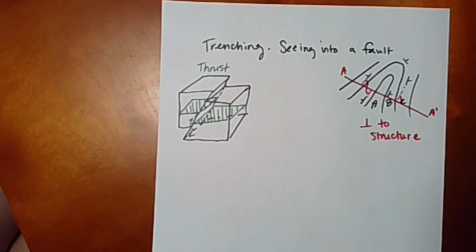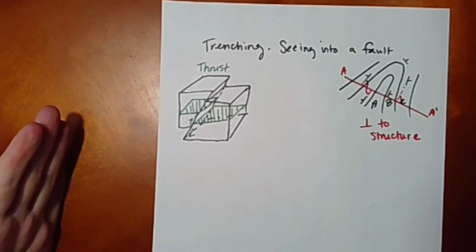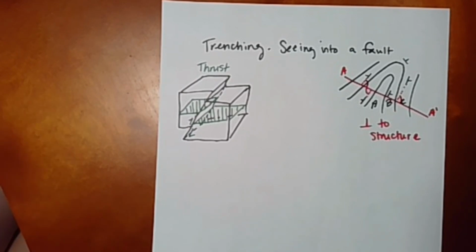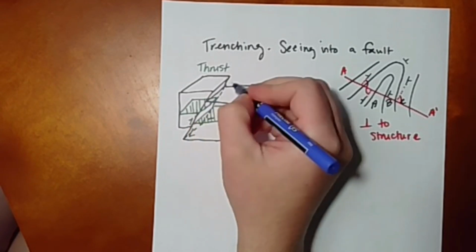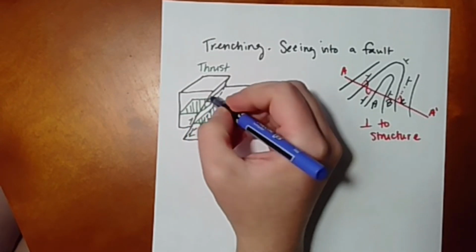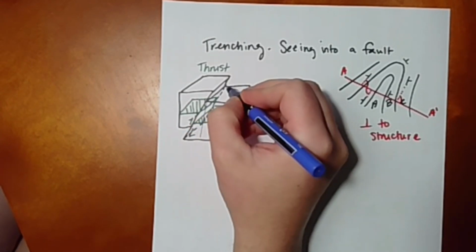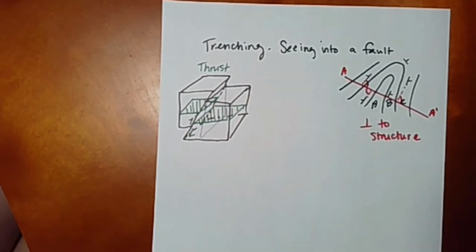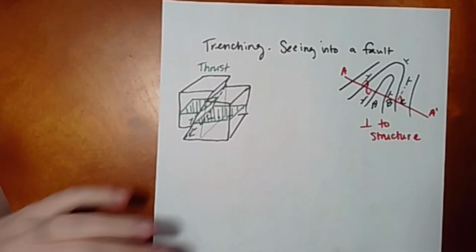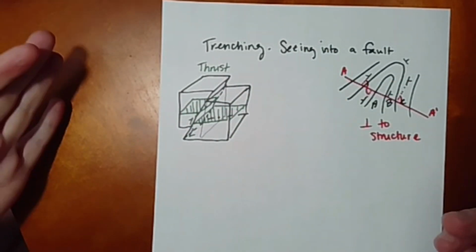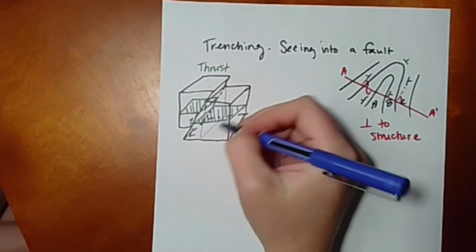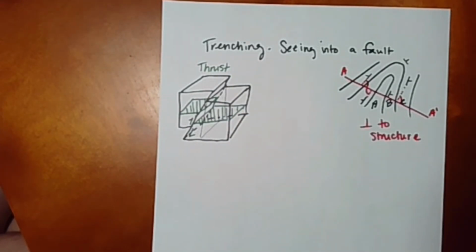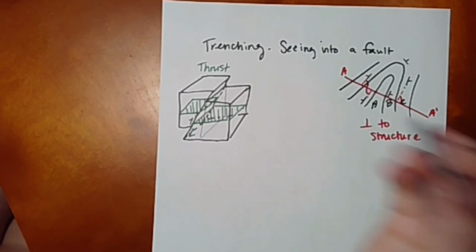Now, let's say I'm going to cut a vertical trench. If I cut my vertical trench, or I imagine my slice happening parallel to the fault, cut straight down, parallel to this fault, I'm not actually going to see any of that fault, right? If I cut parallel to the fault and I cut straight down, what I'm actually going to get is a slice through my footwall.